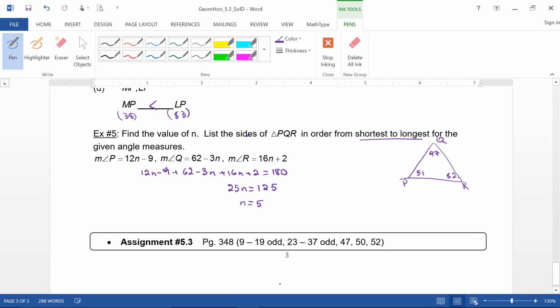All right, and the sides from shortest to longest, which would be the shortest? PR. Segment PR, then what's next? QR. Then PQ.